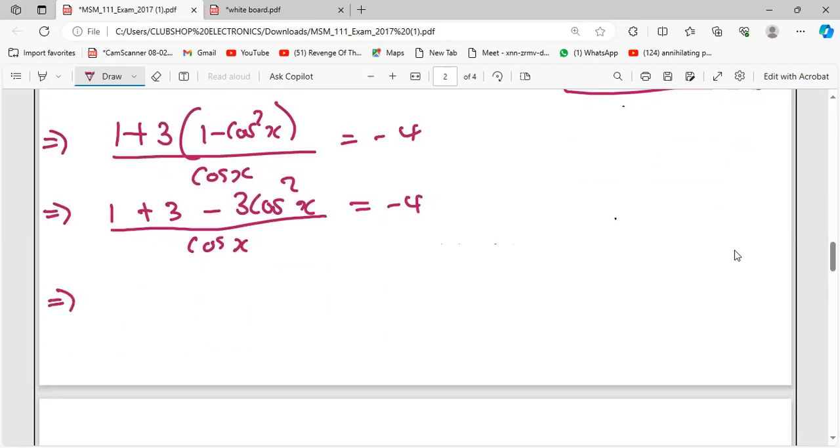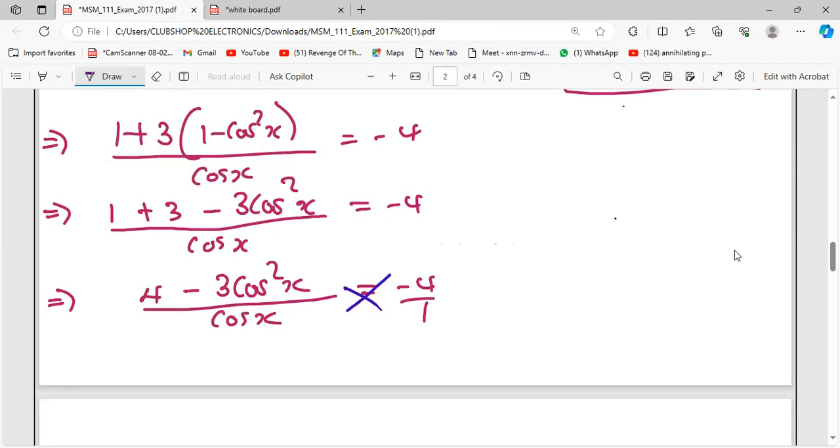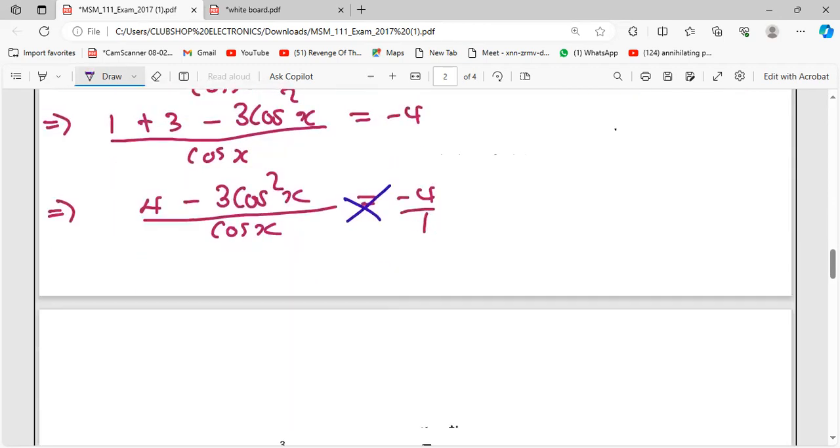So this will be 4 minus 3 cos squared x divided by cos x equal to negative 4. Introduce a 1 and cross multiply, and express it as a quadratic equation.